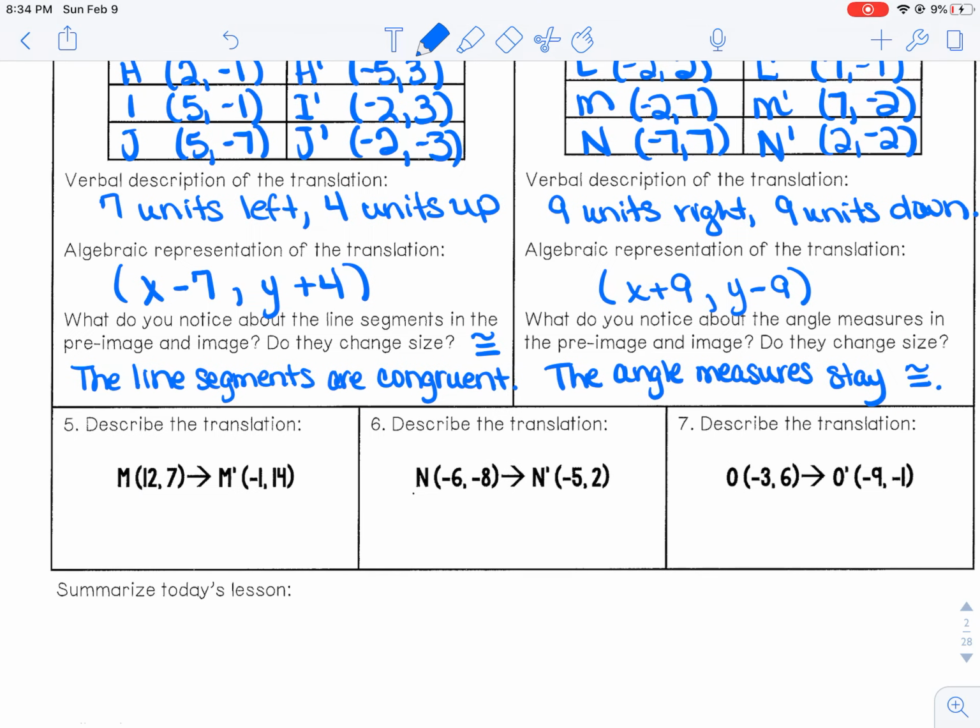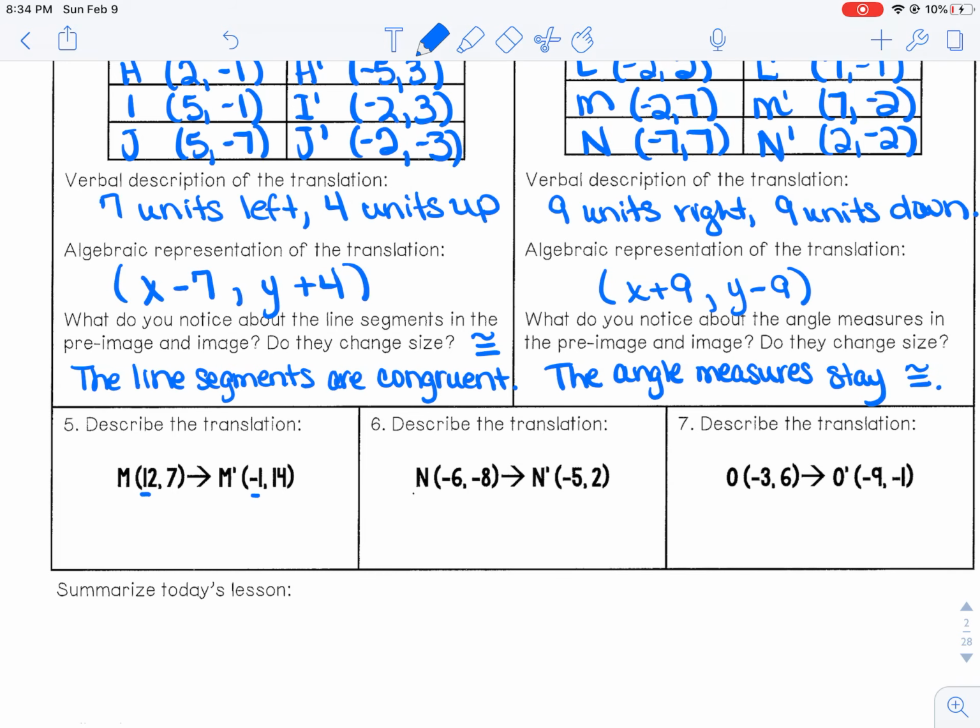Okay, if I look mathematically at what's going on in 5, 6, and 7, how could we describe those translations? My pre-image is 12, 7. My image is negative 1, 14. I'm looking at how far I went left or right. Going from 12 to negative 1, I'm traveling to the left.